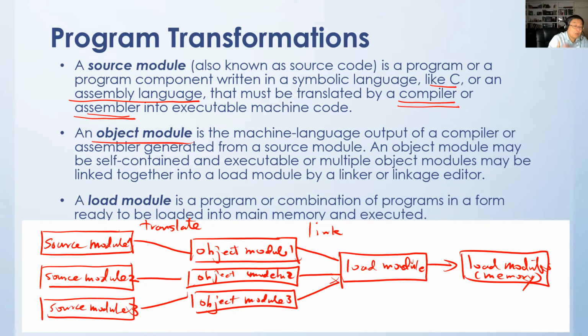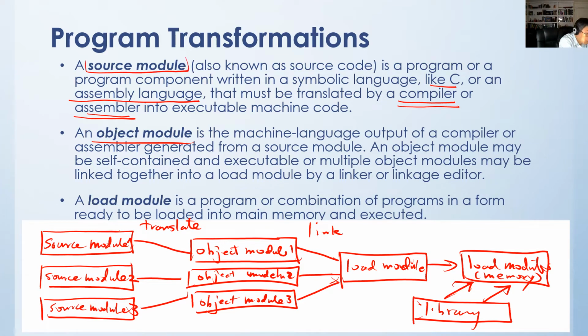Now, when you execute the load module, when you execute the actual program, you may need to link to the code in the library, right? So now we have introduced three concepts.